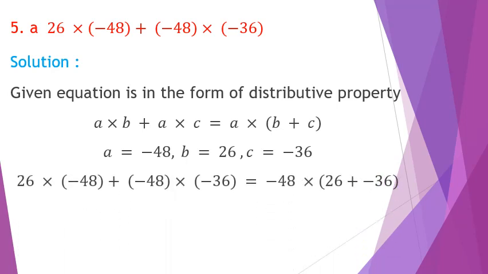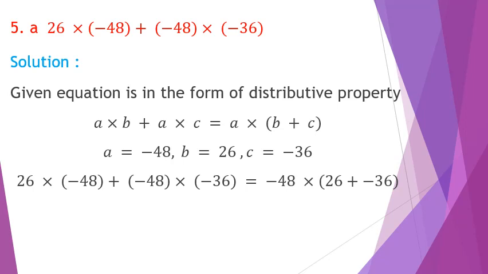So 26 into minus 48 plus minus 48 into minus 36 can be written as minus 48 into (26 plus minus 36). For addition of integers, take the bigger number minus the smaller number and put the sign of the bigger number.